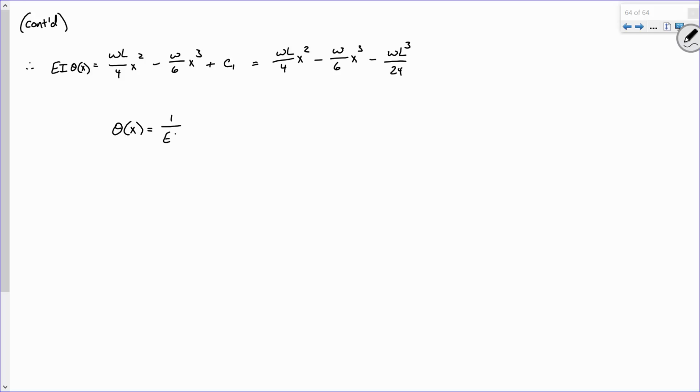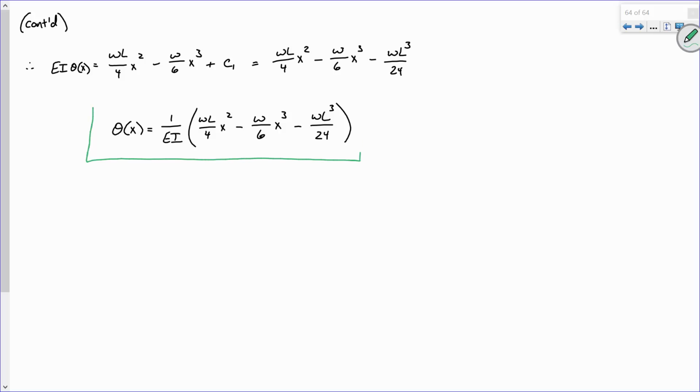is 1 over EI times the following. That's one of them. And if you want, you can try and, if you're lazy when you use your calculator and you're thinking, well, why don't I factor out the W?